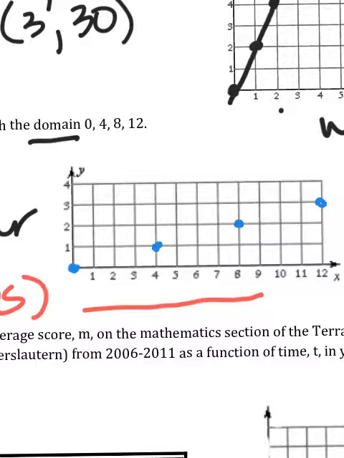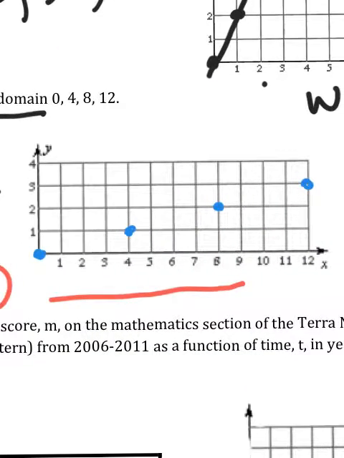So something I want you to kind of get used to looking at, because we're going to move into it kind of quick, is for each point, how far up and over you're going. And slope actually makes its own line, this little function. So I'm going up a certain amount and over a certain amount to get to the next point. So in this case, I'm moving up 1 and over 4.